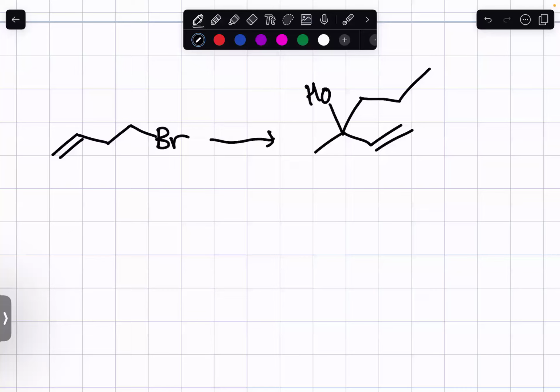We'll see, with the alpha beta positions being conjugated and then an alcohol there, I'm thinking it was an alpha beta unsaturated carbonyl first. Right?